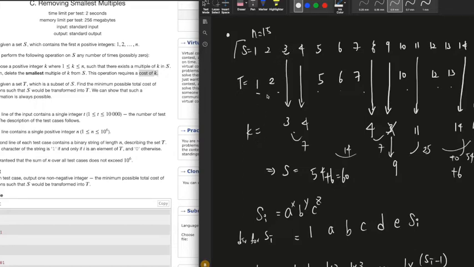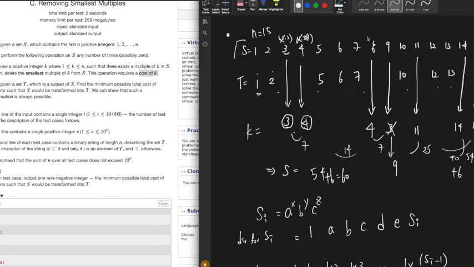So for 3, the divisors of 3 are 1 and 3, but because we have 1 in T, we cannot use 1, so k will be 3. And the divisors of 4 are 1, 2, 4. And since we have 1 and 2 in T, we can only use 4.